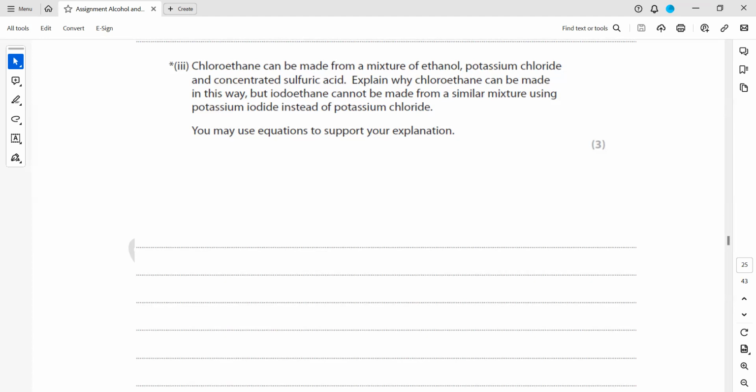So if you want chloroethane, it can be made from a mixture of ethanol and potassium chloride. First, potassium chloride reacts with sulfuric acid. The first product is potassium hydrogen sulfate, an acid-base reaction, plus HCl.